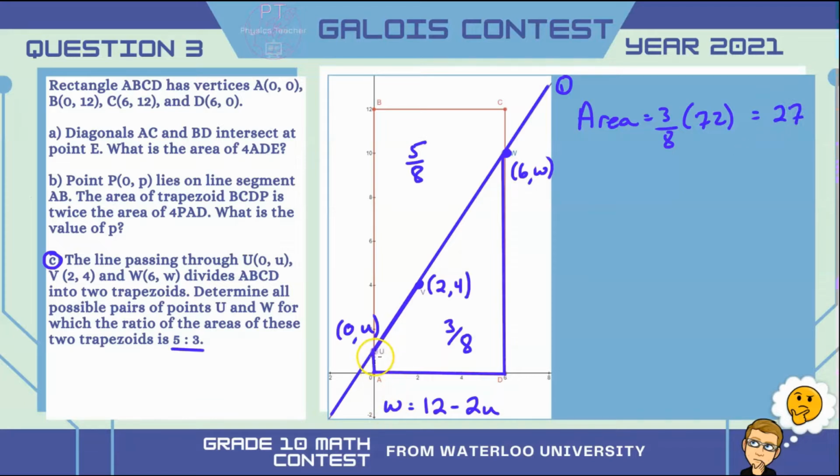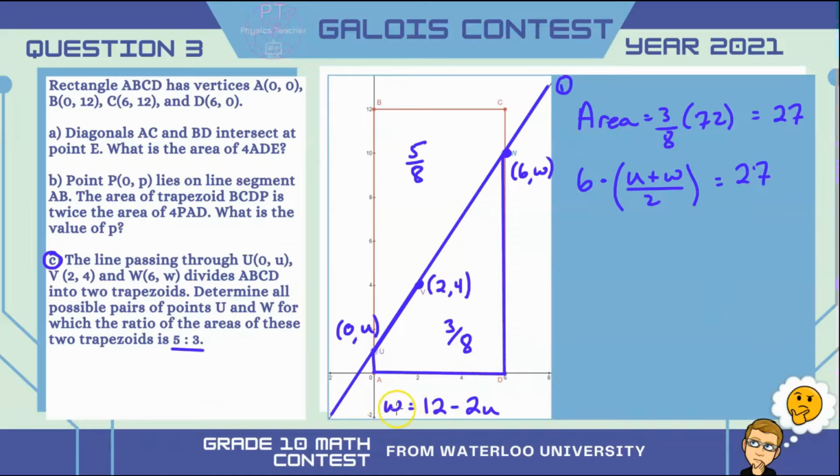Now I also know the area of a trapezoid is simply the base, AD, which we know is 6, times the sum of the two sides, which would be u plus w, all over 2. And that's going to equal then 27.